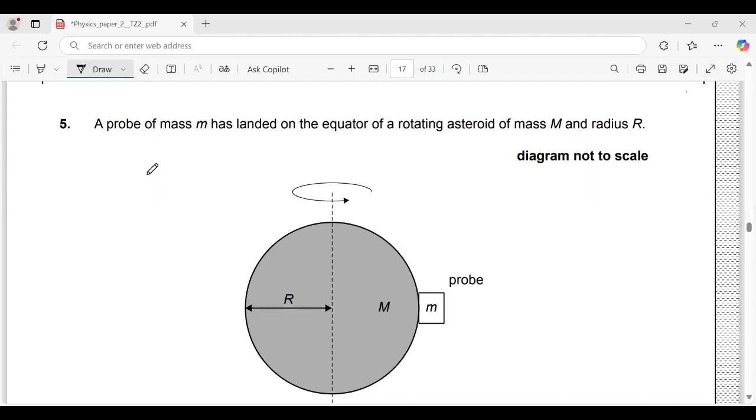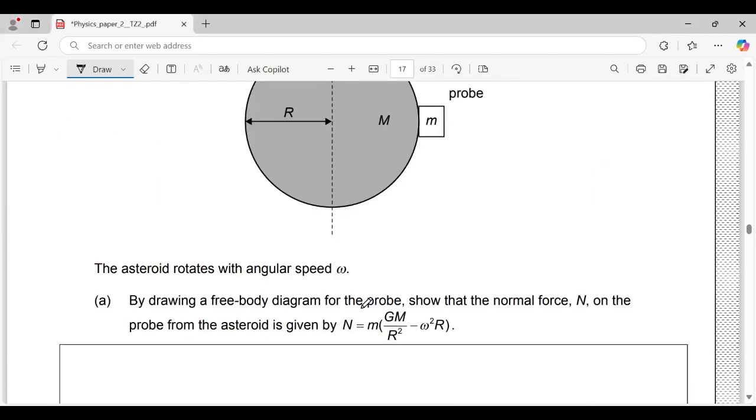Number 5, a probe of mass M has landed on the equator of a rotating asteroid of mass M and radius R. This is a diagram. This is the probe. The asteroid rotates with angular speed omega.